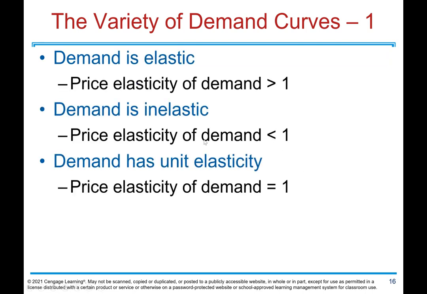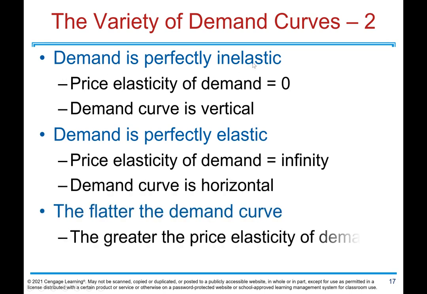Variety of demand curves. Demand is elastic when price elasticity of demand is greater than 1. Demand is inelastic when price elasticity of demand is less than 1. Demand has unit elasticity when price elasticity of demand is equal to 1.